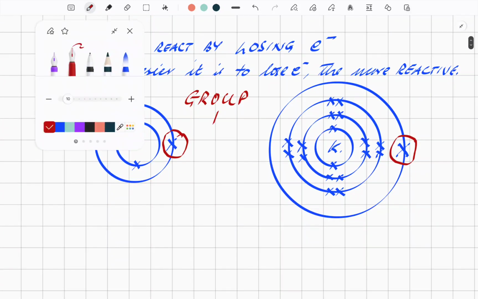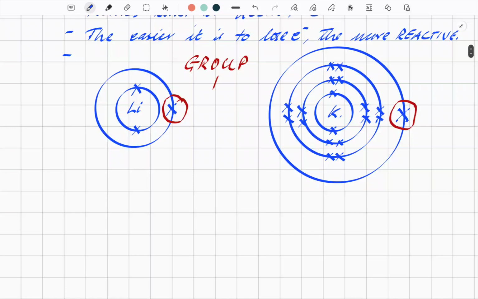Now, the explanation to the point you're making, just to recap on what we were talking about earlier: the distance from the center to the electron is referred to as the atomic radius.